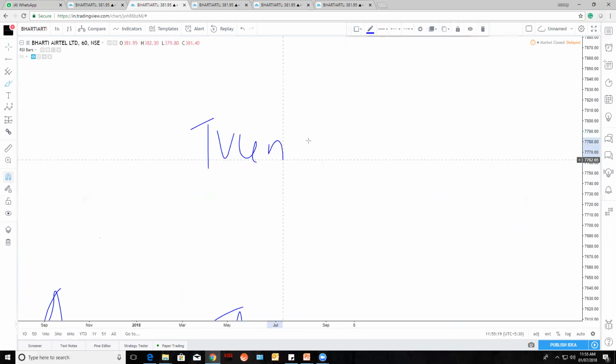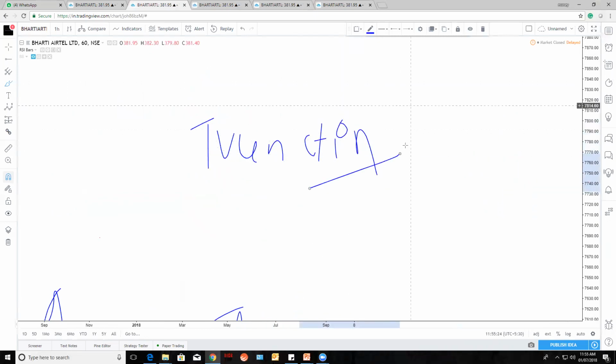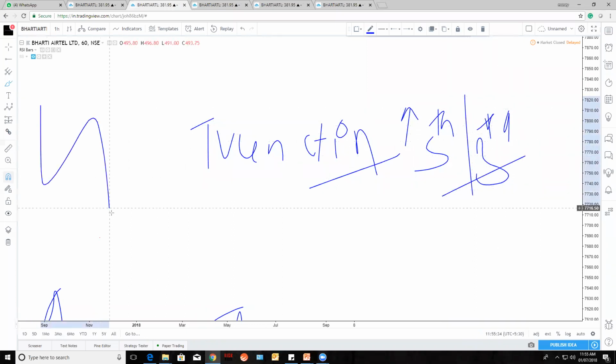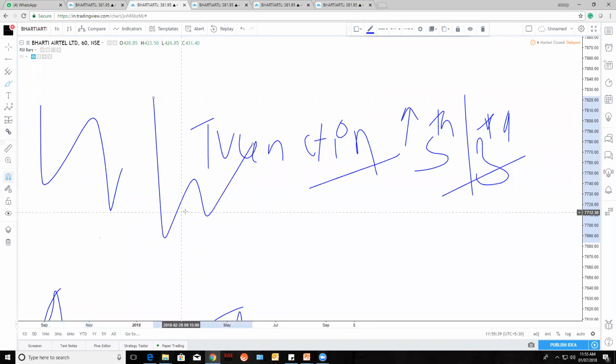Truncation means whenever the fifth wave fails to cross the third wave, it is called a fifth wave truncation. And whenever a C wave fails to cross the A, then it is called a C wave truncation. Clear to everyone? Up to now, it's fine to everyone?